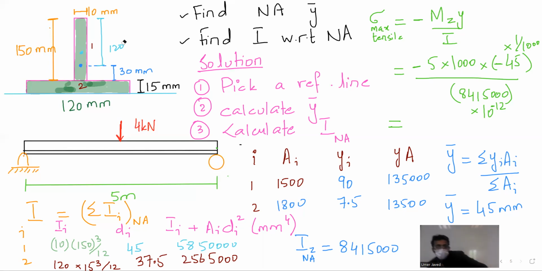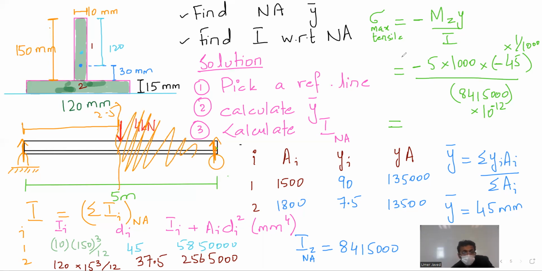Because I'm skipping the statics part actually. This is 2 kilonewton, this is 2 kilonewton, this is 2.5 meter. I made a cut. I throw this chunk away. Then 2 multiplied by 2.5, I wrote the maximum moment that the object endures is right at the center. That's how I wrote 5 into 1,000.